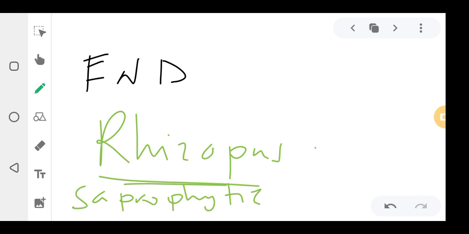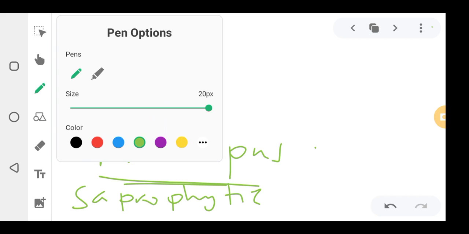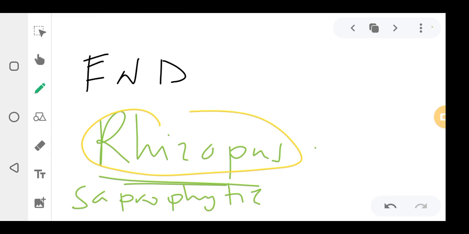That's what I'm going to teach you in the next lesson, because they usually bring this rhizopus in exams.